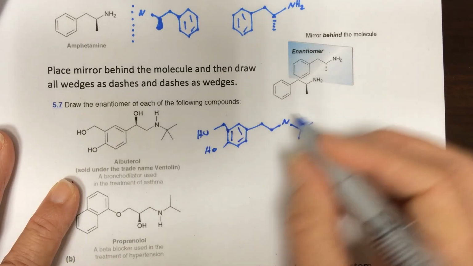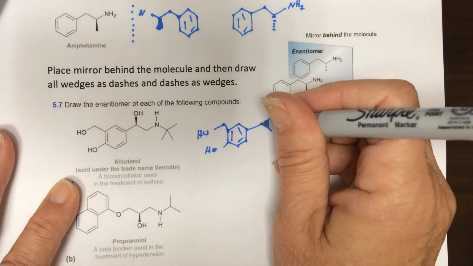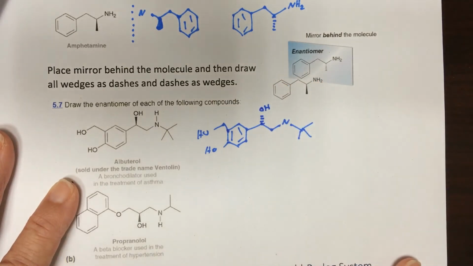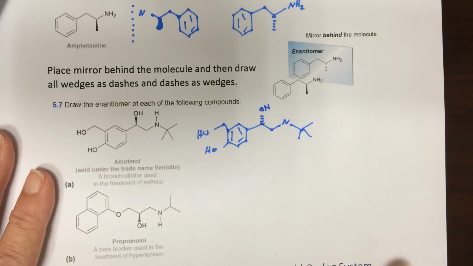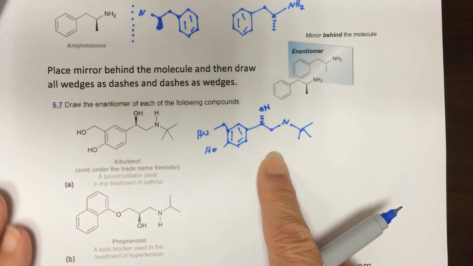A little bit messy here. And where we have the chiral carbon, we just make it go down. These are enantiomers of each other.